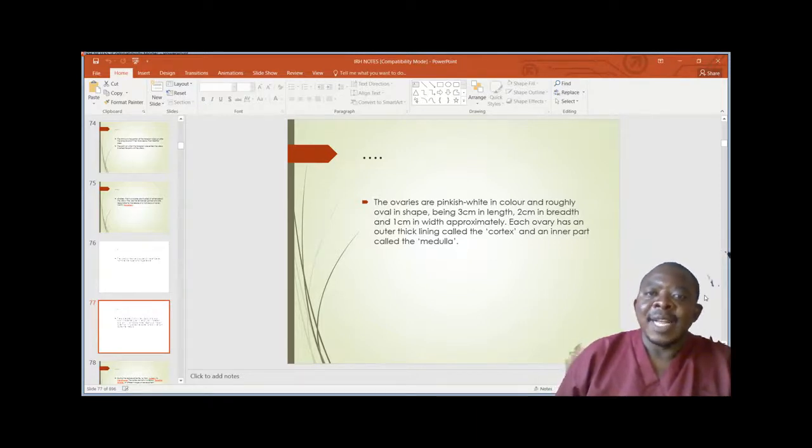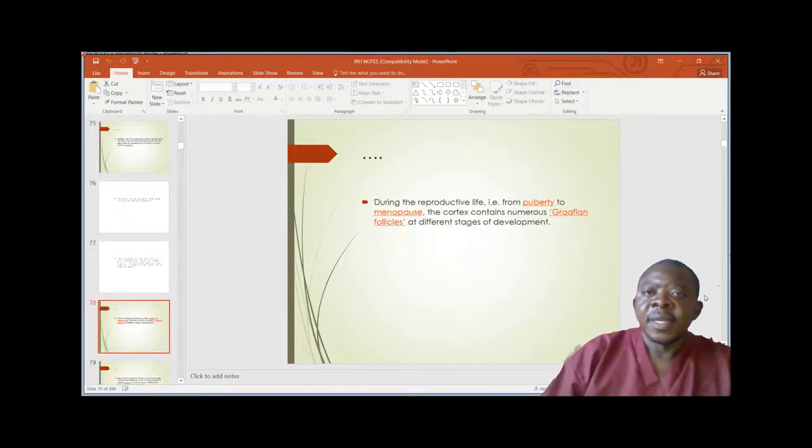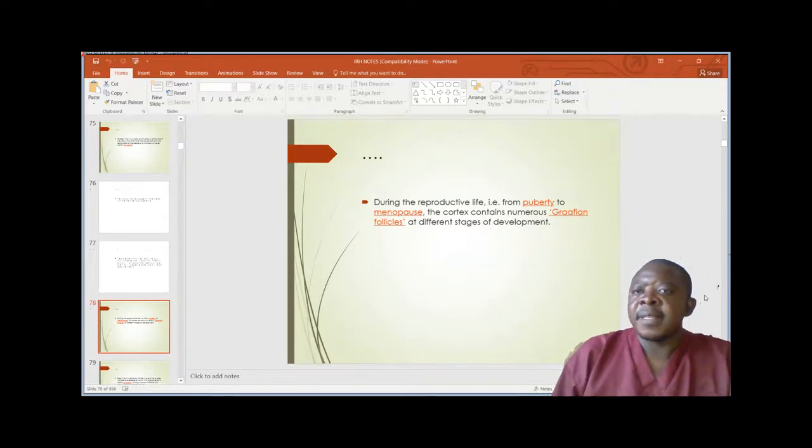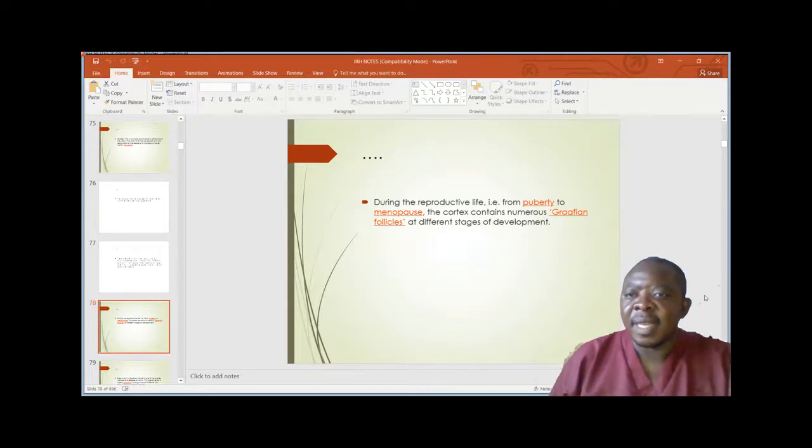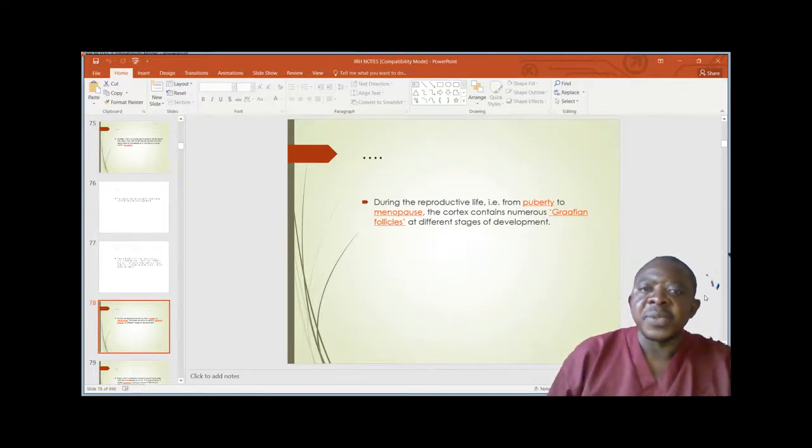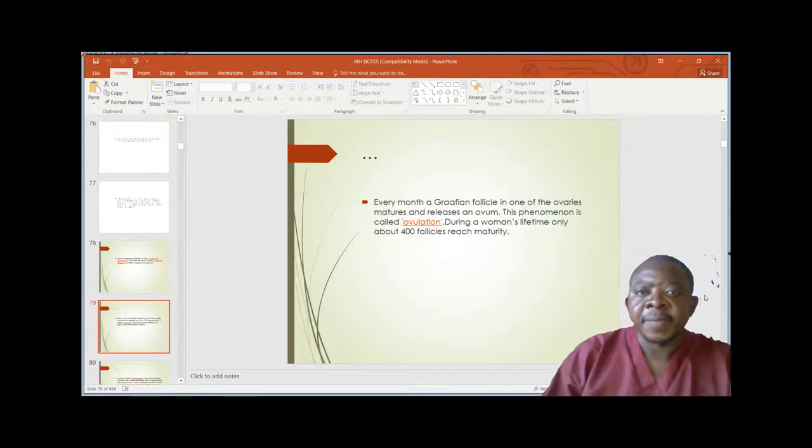Each ovary has an outer thick lining called the cortex and an inner part called the medulla. During the reproductive life, that is from puberty to menopause, the cortex contains numerous Graafian follicles at different stages of development.